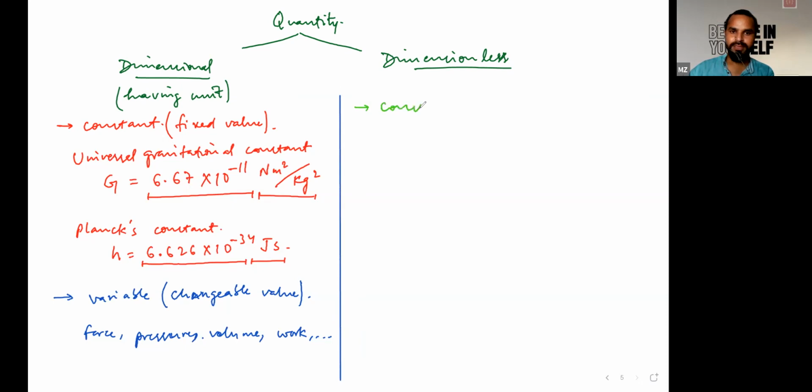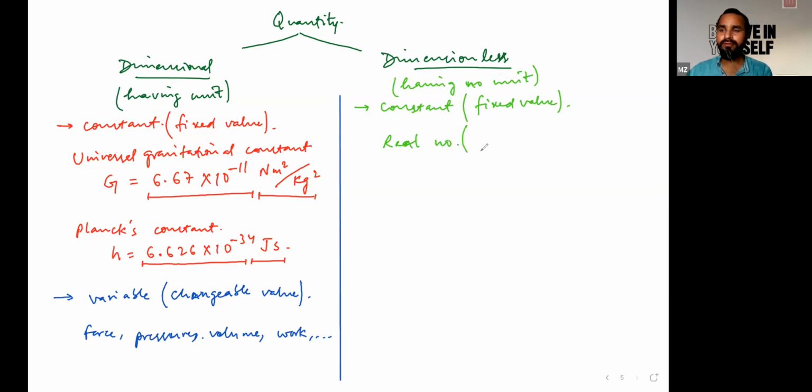The first term is the quantity which has a constant or fixed value, and there is no unit assigned with that particular term. So we can call it as having no unit. The first term would be real numbers.